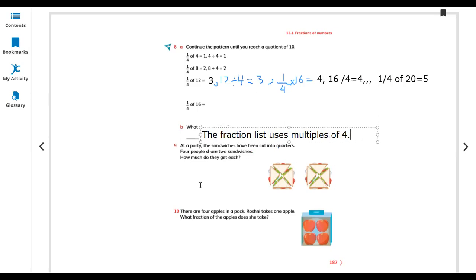Question number 9. At a party, the sandwiches have been cut into 4 parts. 4 people share 2 sandwiches. How much do they get each? Okay, so there are how many parts? 1, 2, 3, 4.